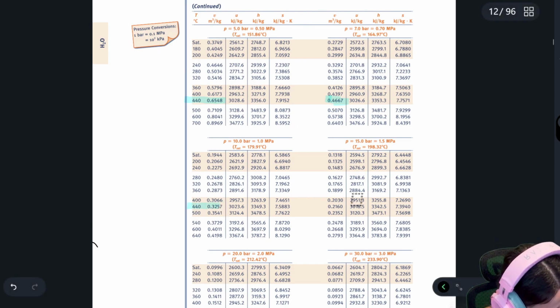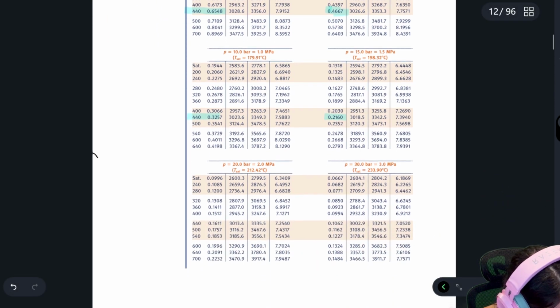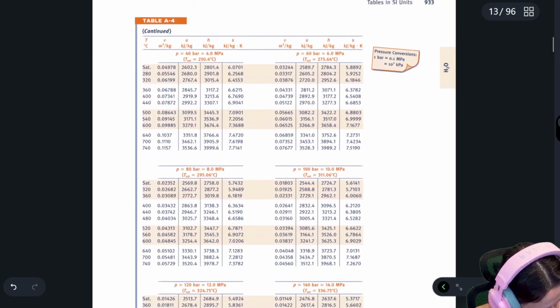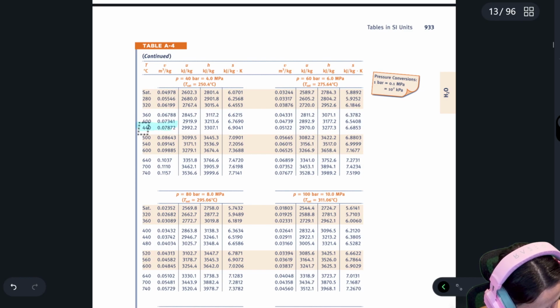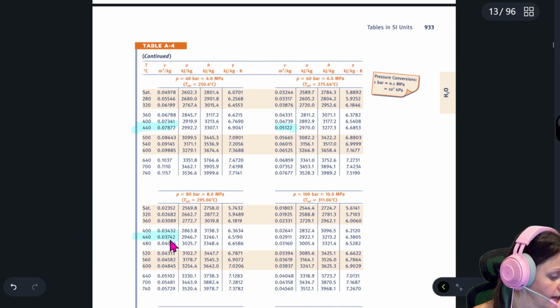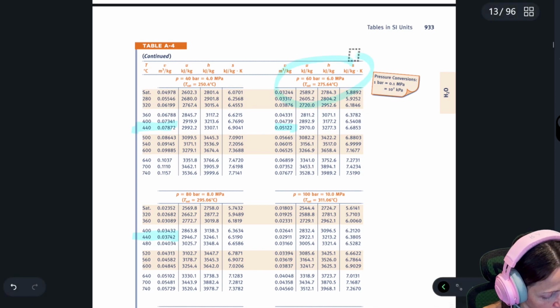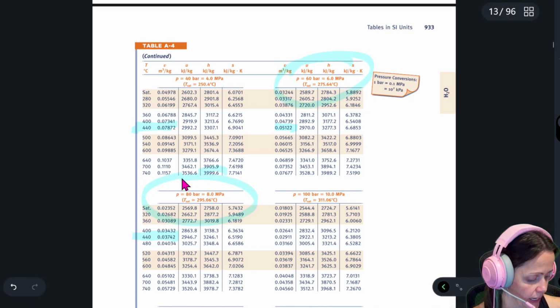Getting closer though. Oh, getting closer. There we go. There it is. So it looks like we're going to be at a pressure between 60 and 80 bar.